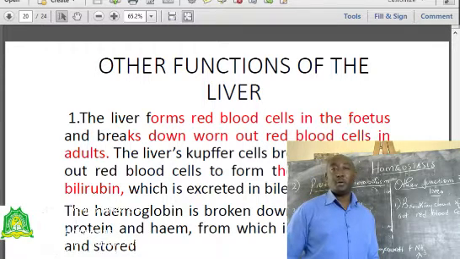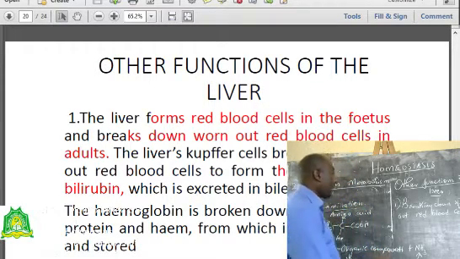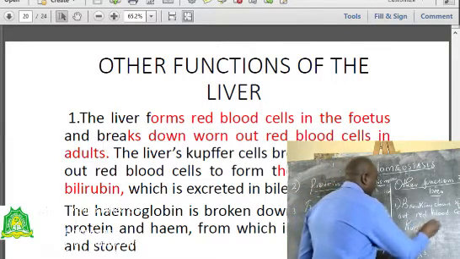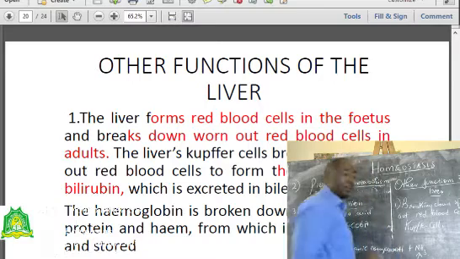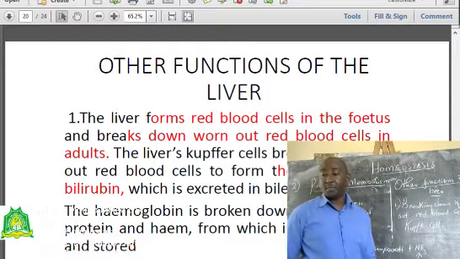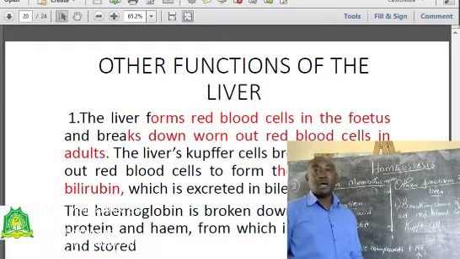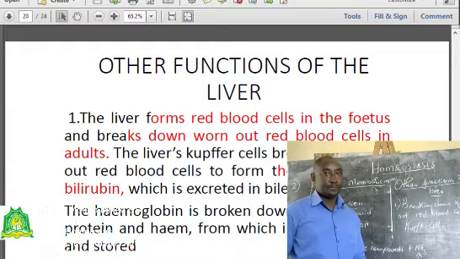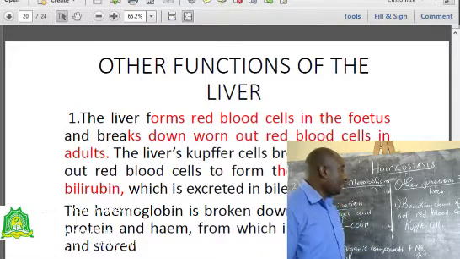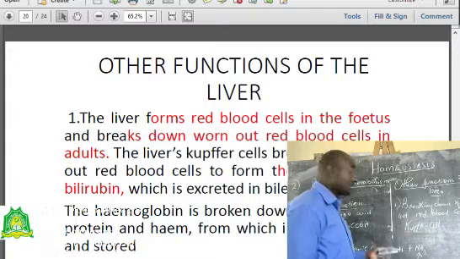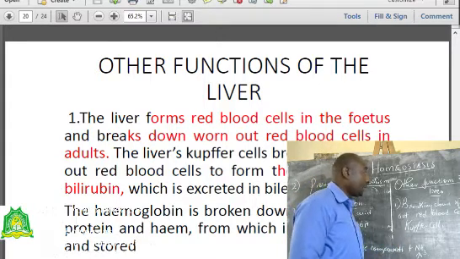It is possible because we have the Kupffer cells. These Kupffer cells are phagocytic. They are also macrophages, which means they are capable of lysis. They break down the red blood cells.